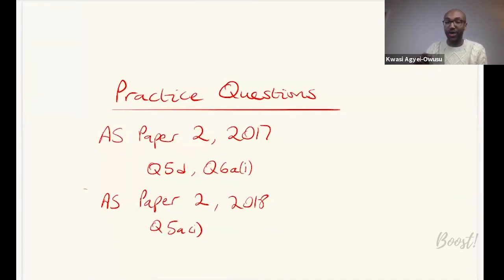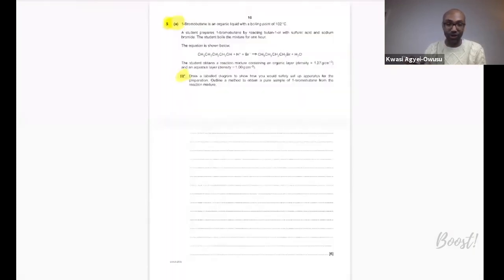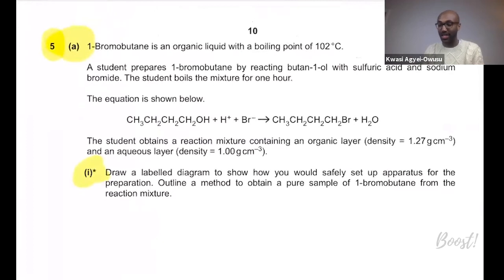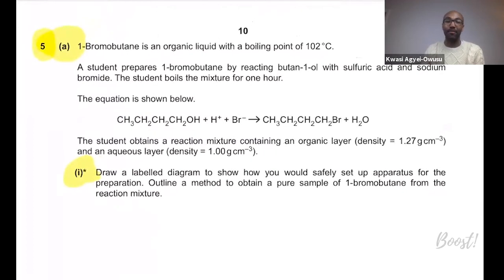There's one final question I'd like us to look at in the 2018 paper. So this is Depth in Chemistry, paper 2, AS, and we're looking at question 5A of the 2018 paper. Okay, and this is one that looks at a bit of practical chemistry.